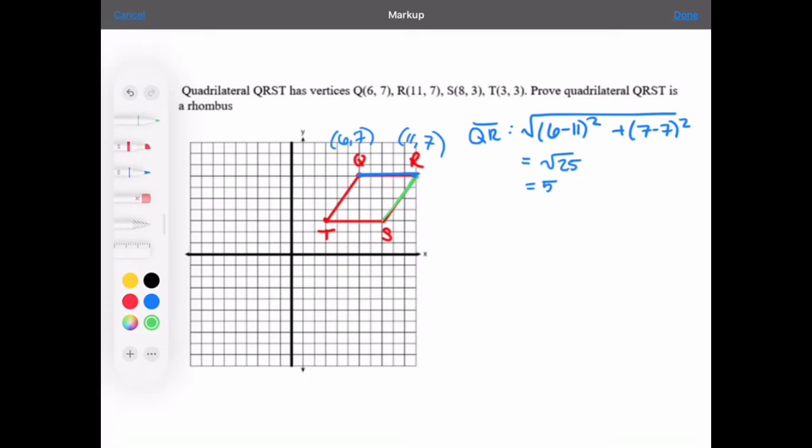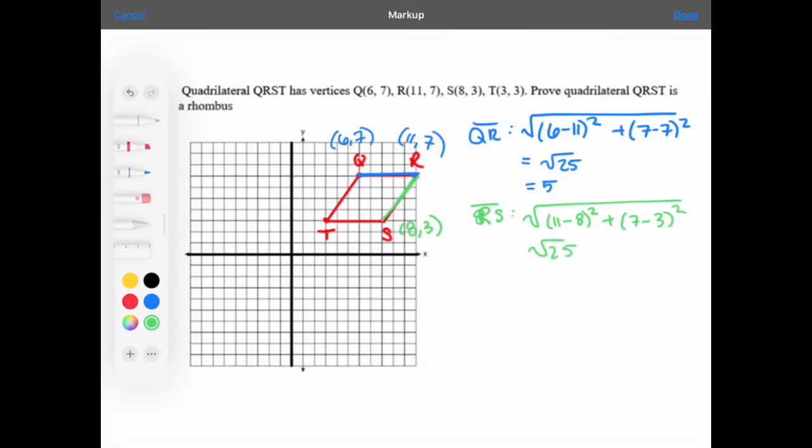Okay? Let's look at RS. Right here, I'm labeling it in green. We know that S is (8, 3). So, square root of (11 minus 8) squared plus (7 minus 3) squared, which, guess what?